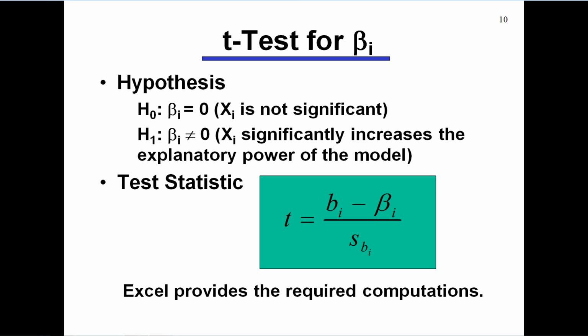Of course, if beta sub i is equal to 0, then the variable associated with that regression coefficient would certainly be insignificant. On the other hand, if we can conclude the alternative, that beta sub i is not equal to 0, then that indicates that the variable x sub i significantly increases the explanatory power of the model.